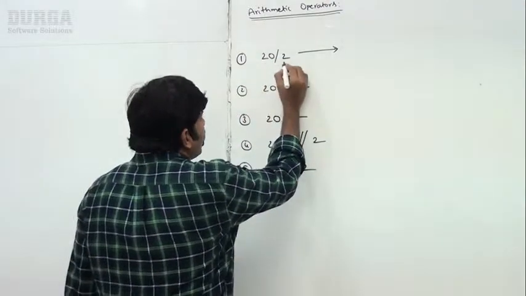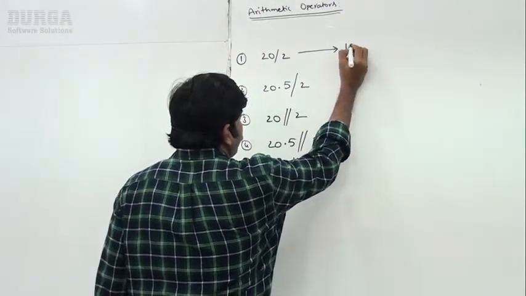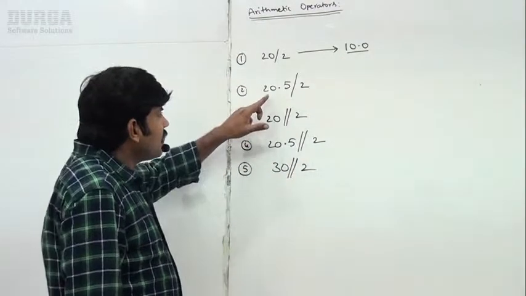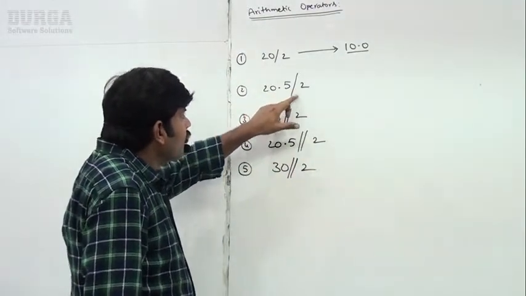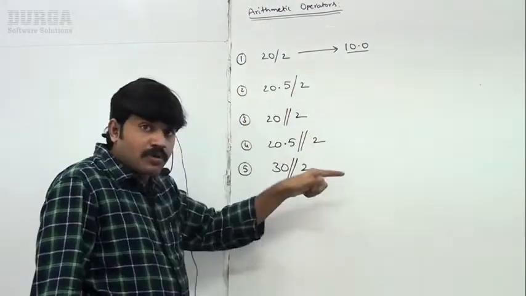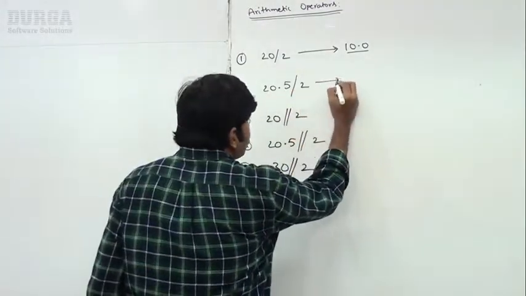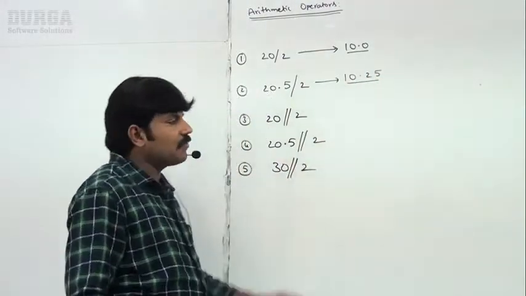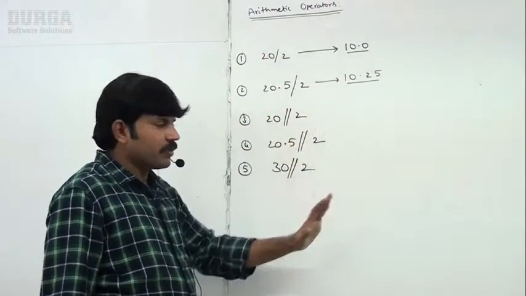So 20 by 2 result is the float, 10.0. Okay, now 20.5 by 2, the result is always float, normal division, right? What is the answer, sir? 10.25 is the answer.